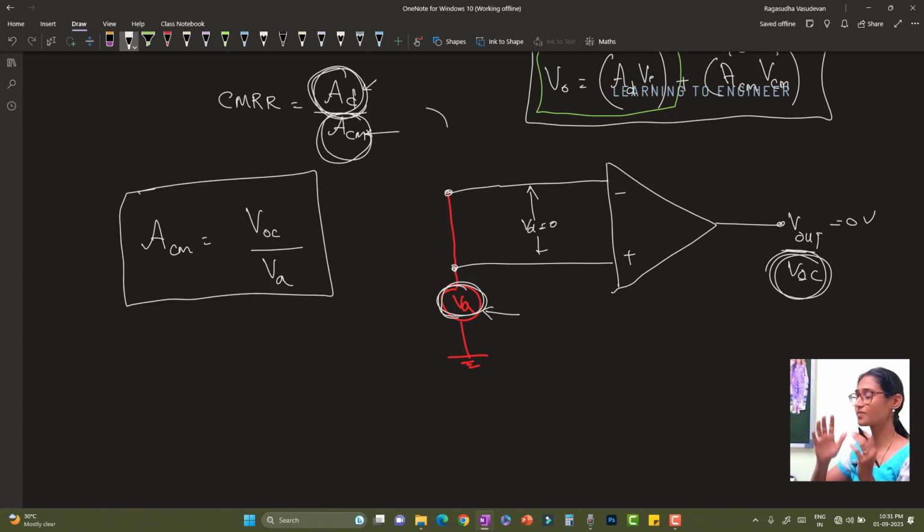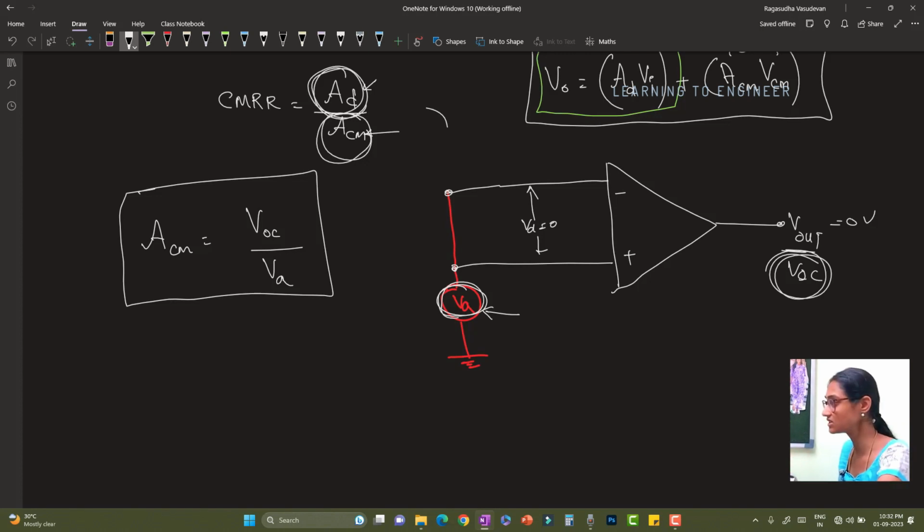I'll just put a pause to the concepts here. We are going to solve one problem with the parameters that we just learned. After this problem, we will see two more parameters which affect the ideal nature of an op-amp.